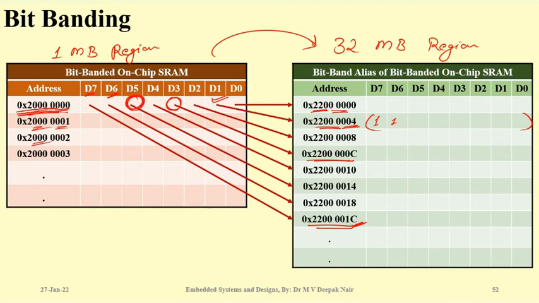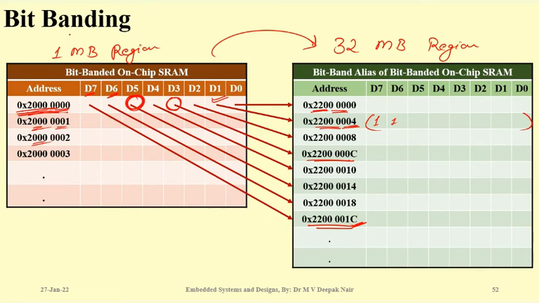It will not affect any other bit. You are using a lot of memory for one particular bit, but it will help you further speed up the process rather than writing the whole register at once. So this will help you individually change a single bit.